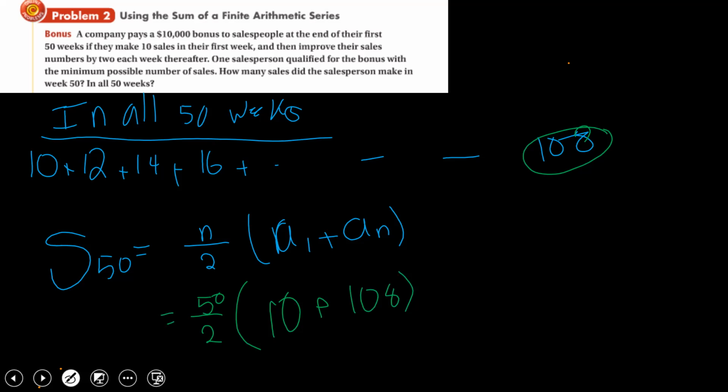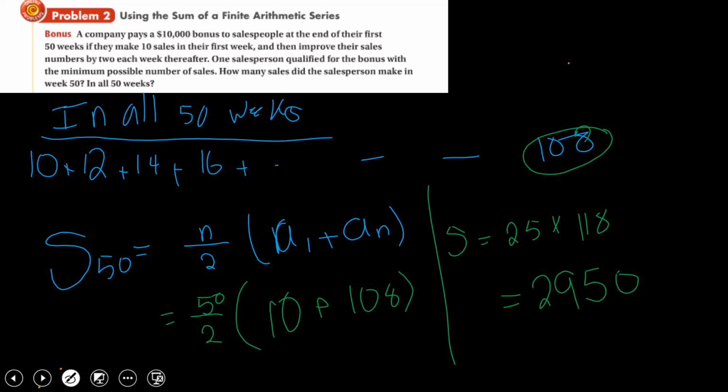So how many sales did he make at the end of the 50 weeks? You just add 108 plus 10, which is 118, times 25, and the answer is 2,950. So how many sales did he make in all 50 weeks? 2,950.